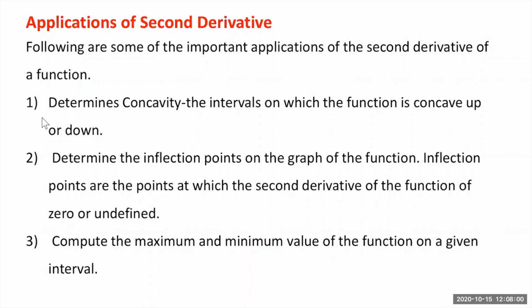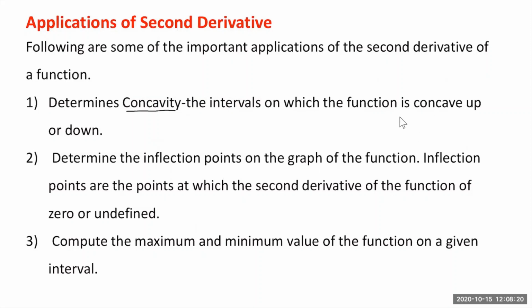The first one is that the second derivative helps us to determine the concavity. When we talk about concavity, it is the interval on which the function is concave up or concave down.